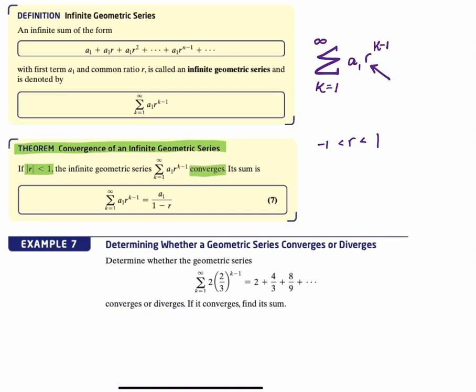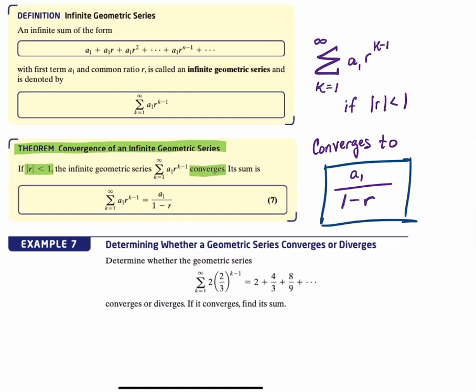And then we have a formula for its convergence. So we're told that if the absolute value of r is less than 1, meaning that it's a fraction, then the sum converges, or it's going to be equal to our first term divided by 1 minus r.